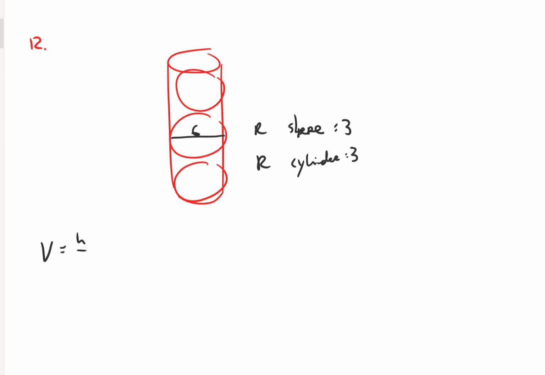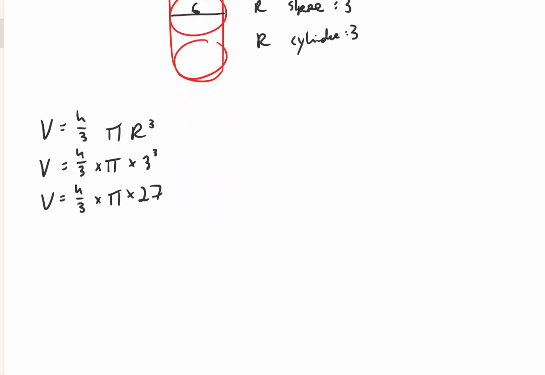Volume equals 4/3 pi r cubed. So put in what we know, volume equals 4/3 multiplied by pi. We're asked to give our answer in pi, so we leave pi as it is. Multiplied by 3 cubed. Volume equals 4/3 multiplied by pi multiplied by 27.